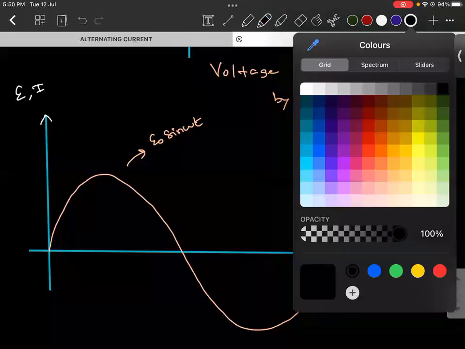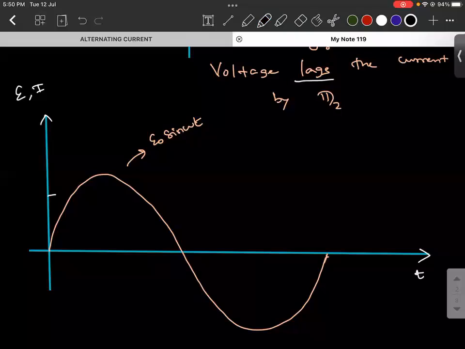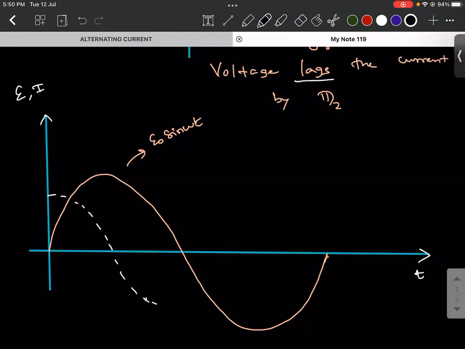So if you see the graphical representation, this dotted line represents the graph for I naught sine of omega t plus pi by 2. Basically, it is a graph for cos.